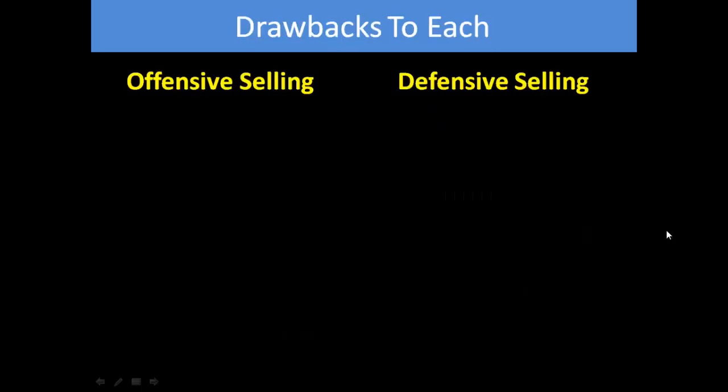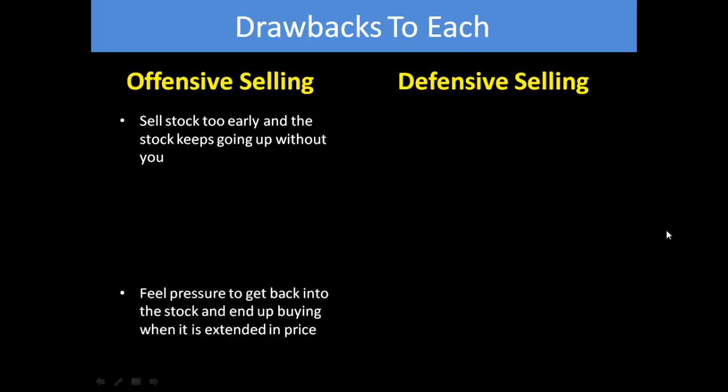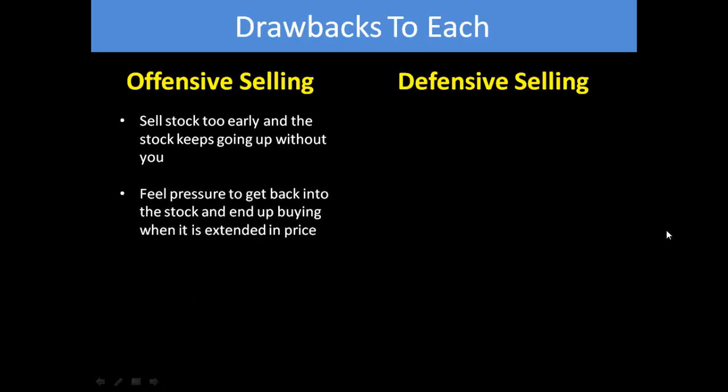And there are positives and negatives to offensive selling and defensive selling. Offensively, you sell a stock too early and then the stock keeps going up without you. Then you feel pressure to get back into the stock and end up buying when it's extended. With defensive selling, you might give back a large percentage of your gains.